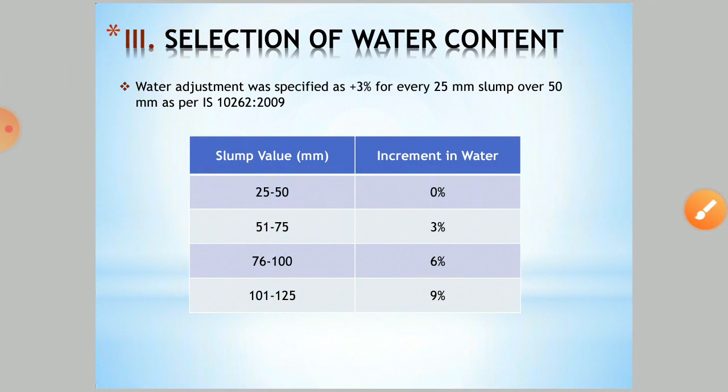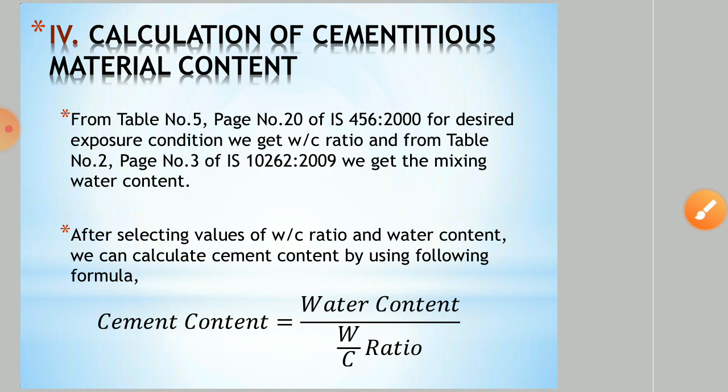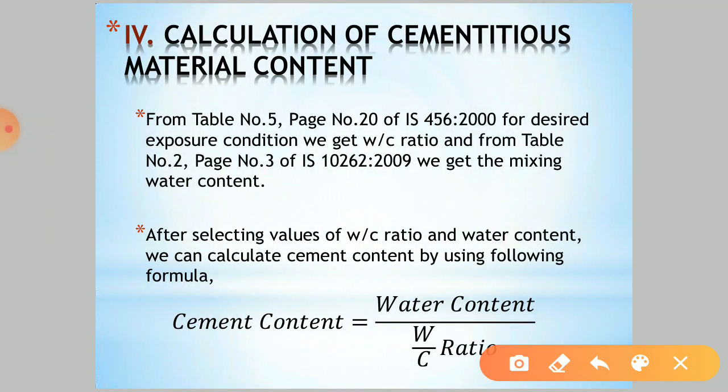Likewise we have to take these values, and after selecting the water cement ratio and water content, by using this formula, cement content is equal to water content divided by water cement ratio, we can find out the cement content. Very simple formula. Again, in this particular step, the important points are the clauses, tables and formula; you have to remember them.